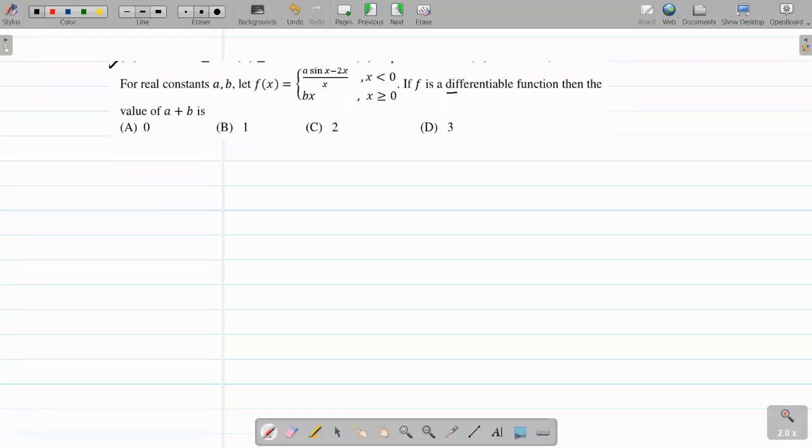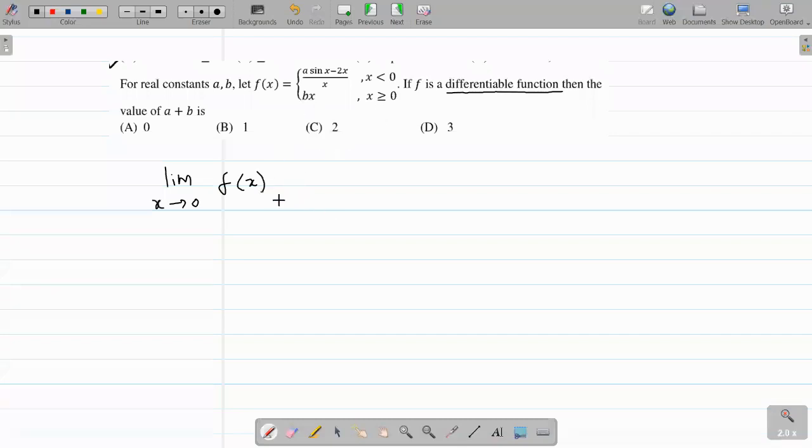So it's a differentiable function. In particular, it's differentiable at 0. And so in particular, it's continuous at 0, isn't it? So that means this limit as x tends to 0 of f of x is f of 0.